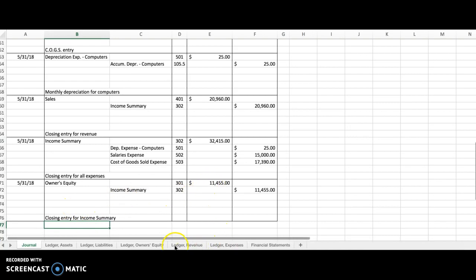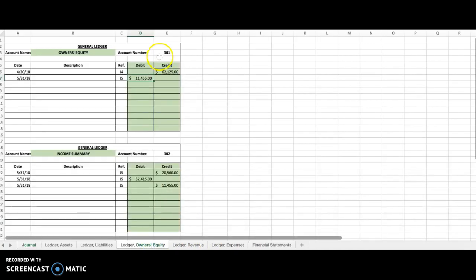But let's go back to our owner's equity. And now we started at the end of April with $62,000. We lost money, so the difference between the $62,125 and $11,455 should be $50,670 if you subtract one debit from the credit.